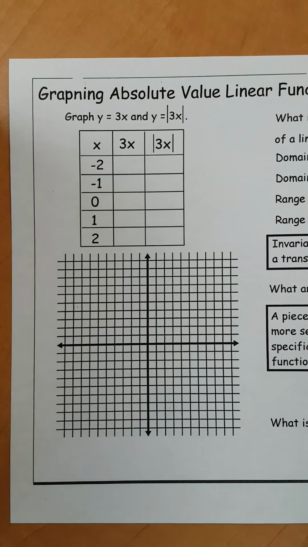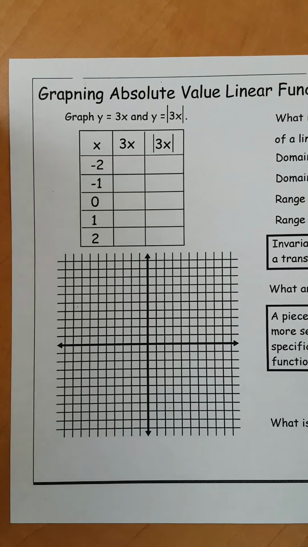So if I substitute 0 here, 3 times 0 is 0. Okay, and then remember this is not a parabola, so we don't have those mirrored points here. 3 times 1 is 3, 3 times negative 1 is negative 3, and then negative 6 and 6. So I'm going to tilt this a little bit. You know what?